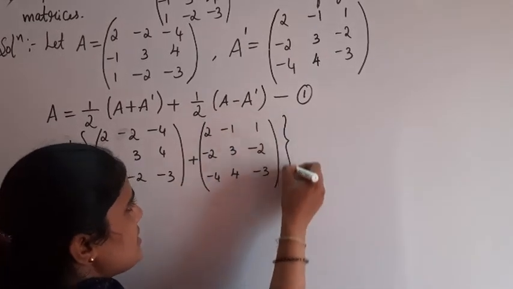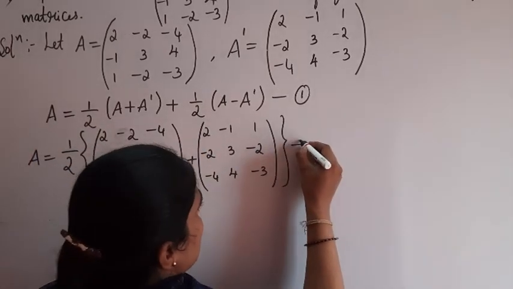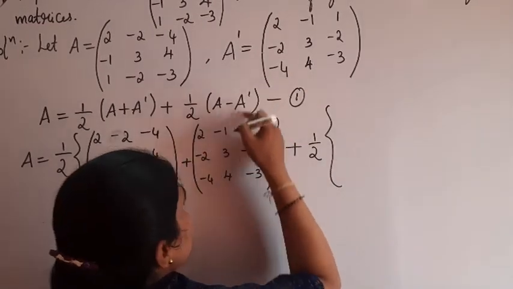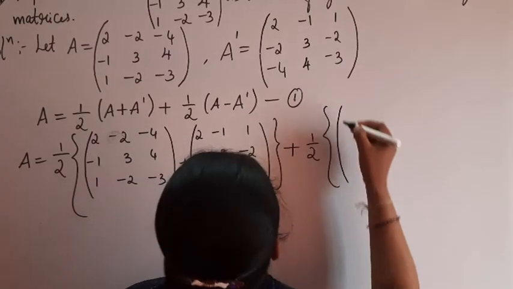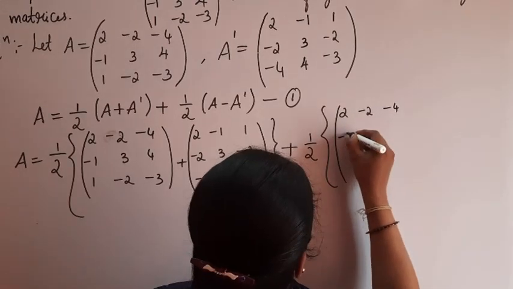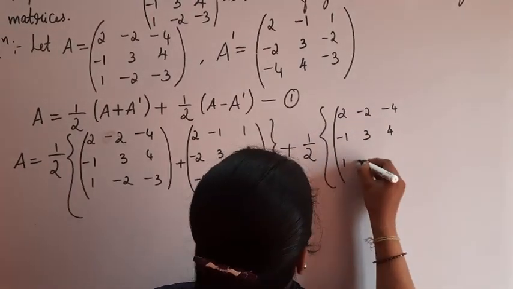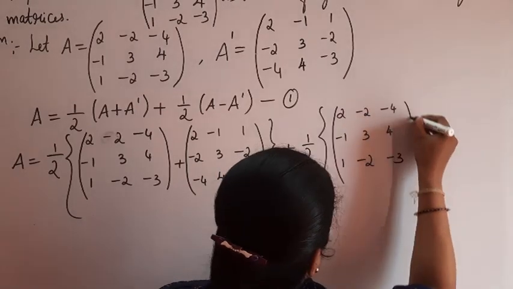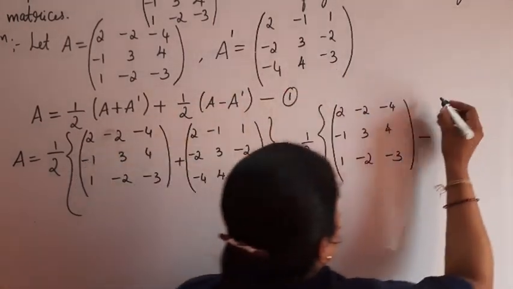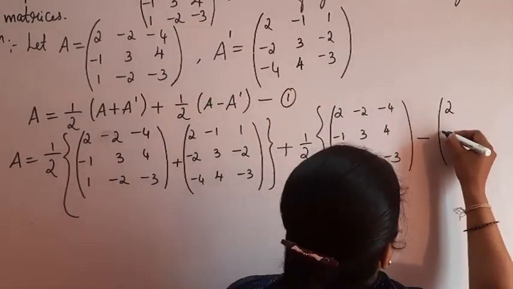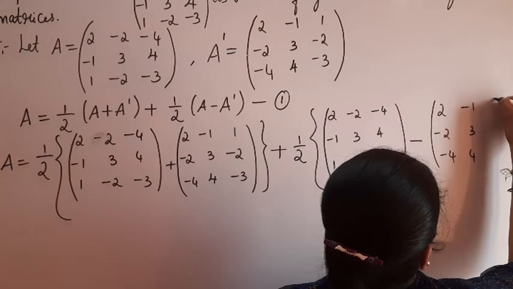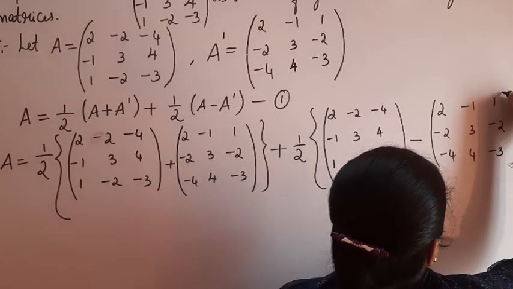So this is the first term. So the next sign is plus half into A minus A transpose. So matrix A is 2 minus 2 minus 4, minus 1 3 4, 1 minus 2 minus 3. Okay. Minus. So here the sign is minus. A transpose, the matrix 2 minus 2 minus 4, minus 1 3 4, 1 minus 2 minus 3.